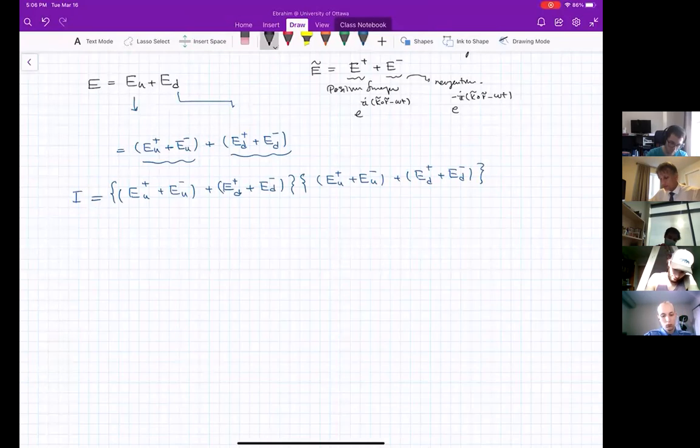How many terms do we get? 16 terms, because it's 4 terms multiplied by 4 terms. So let's write them down.